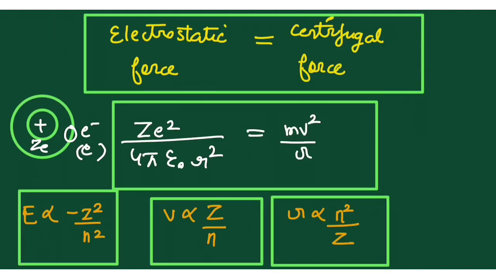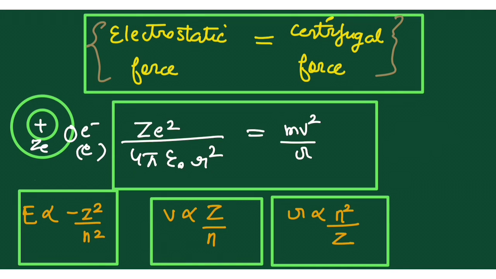Okay. Now, for all the formulas related to Bohr's model, please don't start mugging them up. If you start mugging them up, you will forget all the formulas. So please don't mug up those formulas. Just remember that electrostatic force is equal to centrifugal force.